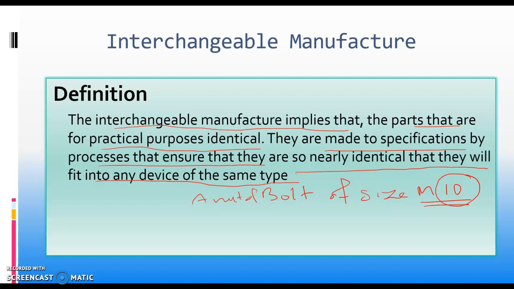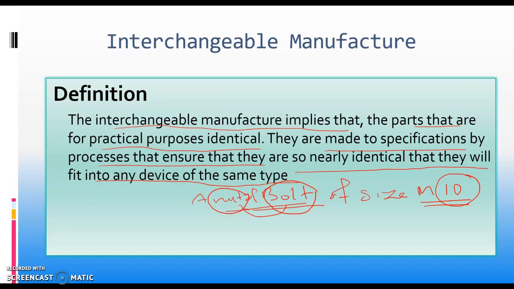So the nut and bolt is made according to the standards, and a nut purchased from any shop anywhere in the world should match with an M10 bolt purchased from any other shop anywhere in the world.